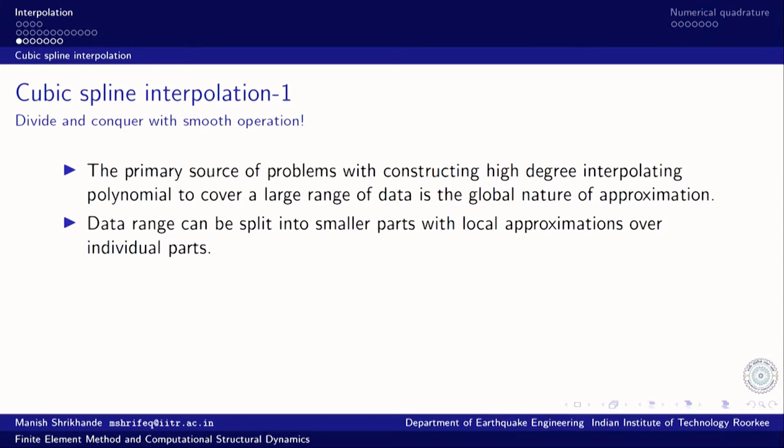As we were saying, the primary source of errors in approximation is the attempt to construct a single approximation over the whole range of the variables. If we split the data range into smaller parts and construct approximations over individual parts, we can get a much better approximation, and that also needs to adhere to continuity between adjacent data ranges.